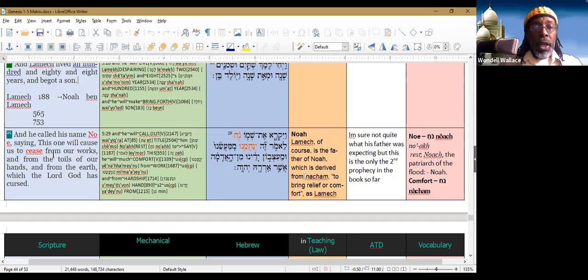And he called his name Noah, saying, "This one will cause us to cease from our works and from the toils of our hands and from the earth which the Lord God has cursed." I'm not quite sure what his father was expecting, but this is only the second prophecy in the book so far.